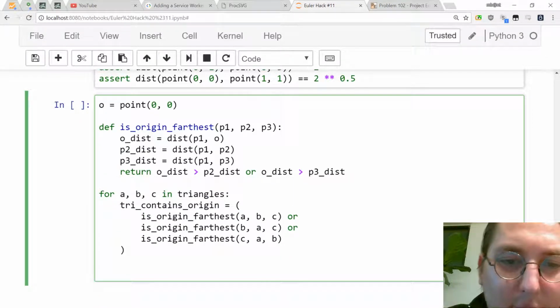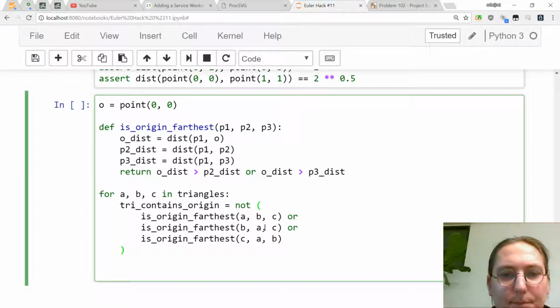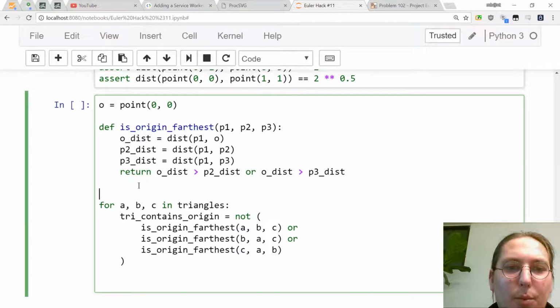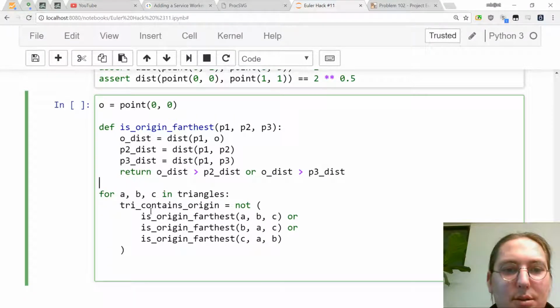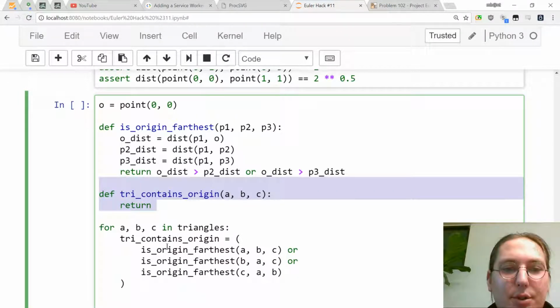So try contains origin is true when the origin, well no, this is wrong. So if none of these is true, that's our current guess. Okay? So I guess what are we doing? Maybe it does make sense to have it as a function, just for testing purposes.